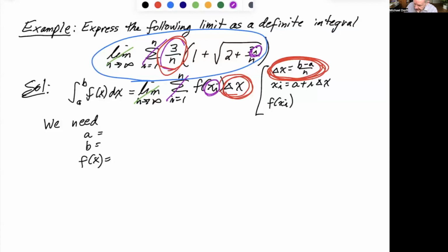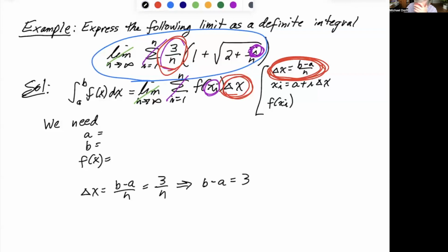So that tells me that this part on the right that I just circled is going to be part of the x sub i. So we're going to say that delta x, which equals b minus a over n, is going to equal 3 over n. And so that gives me that b minus a equals 3. Now, I don't know what b is, and I don't know what a is yet, but I just know that their difference is 3.